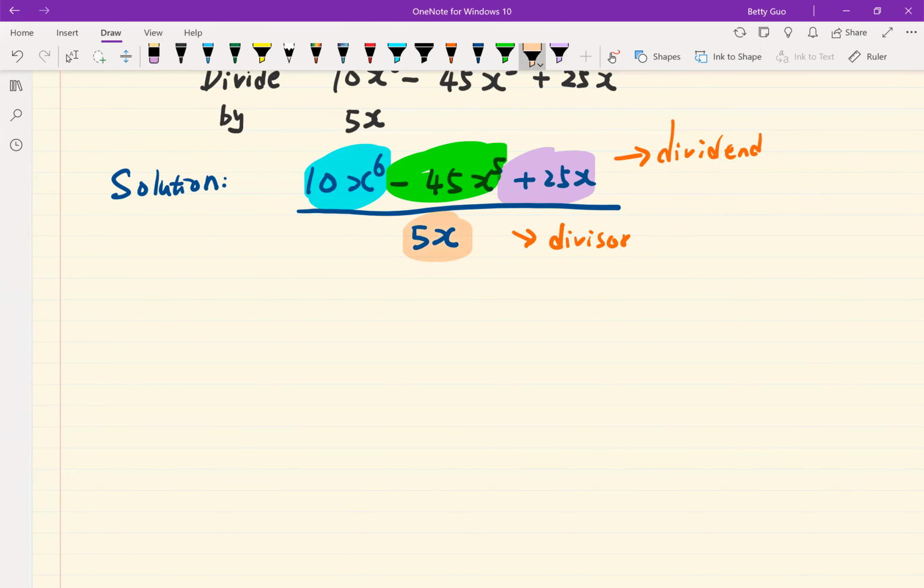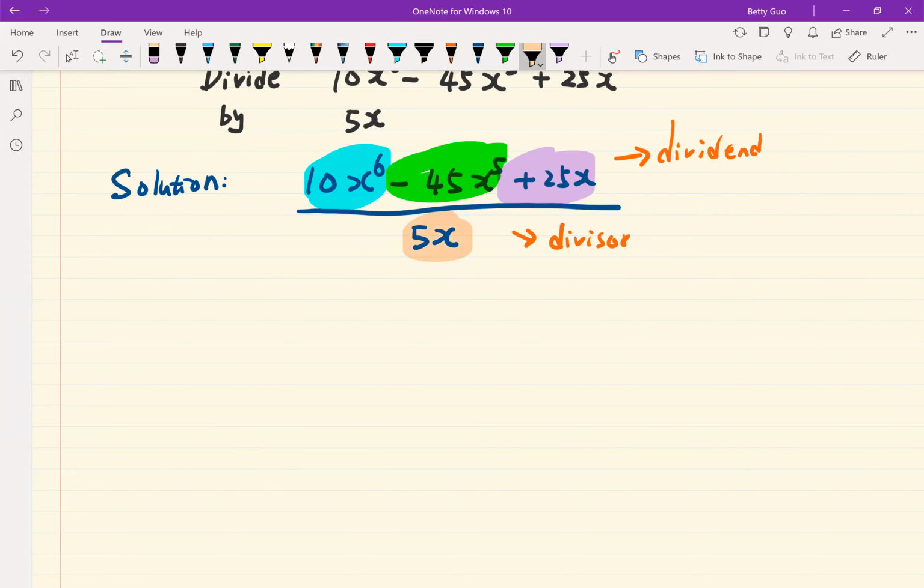X to the power 6 in the numerator, x in the denominator. So the denominator exponent of x is 1, right? We keep the base, use the exponent in the numerator minus the exponent in the denominator, right? We have x to the power 5th. Everybody see that? Okay, very good.